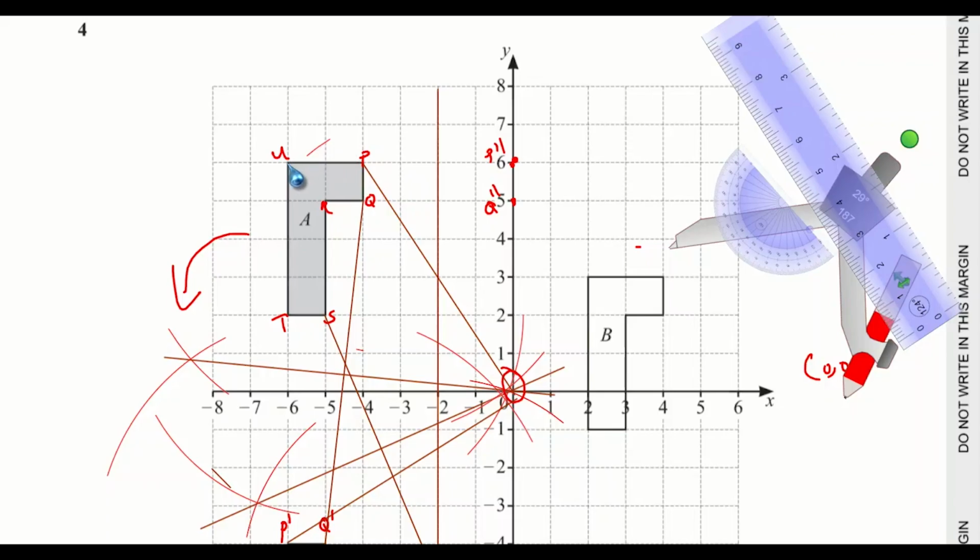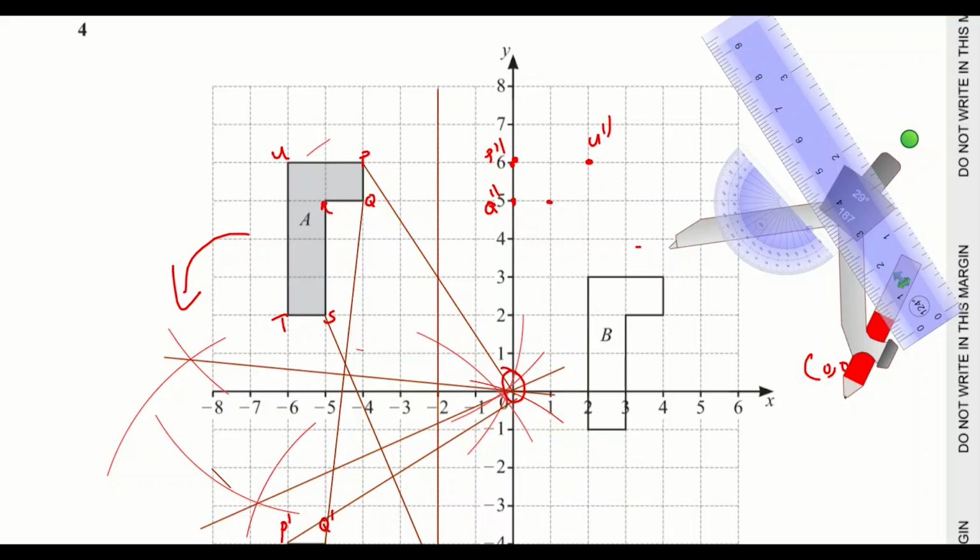Good. For U, we have two steps between them, so we just have to count 2 steps here, 1, 2. It will be here. This will be U prime prime. Which other one again? For this one, we have 1 step between Q and R. I can just count one step like this, 1.